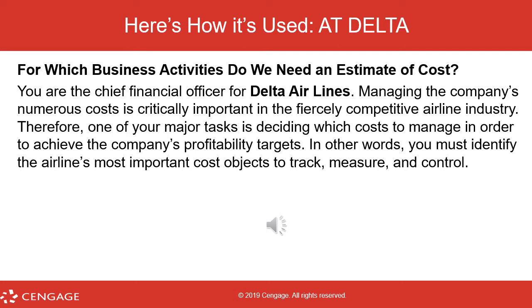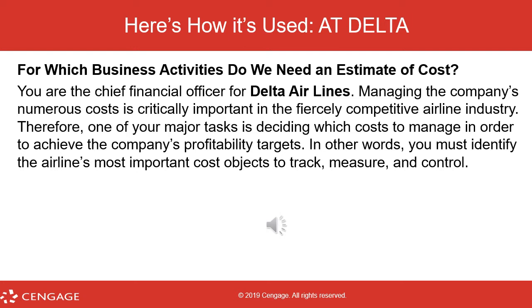For that flight, you have the flight crew, you have the airplane itself, maintenance required on the airplane, fuel for getting from Newark to Miami, the ground crew that loads and unloads the plane and directs it out of the hangar. You have rental fees for the hangar. There's all of these different cost objects that the airline can break out.